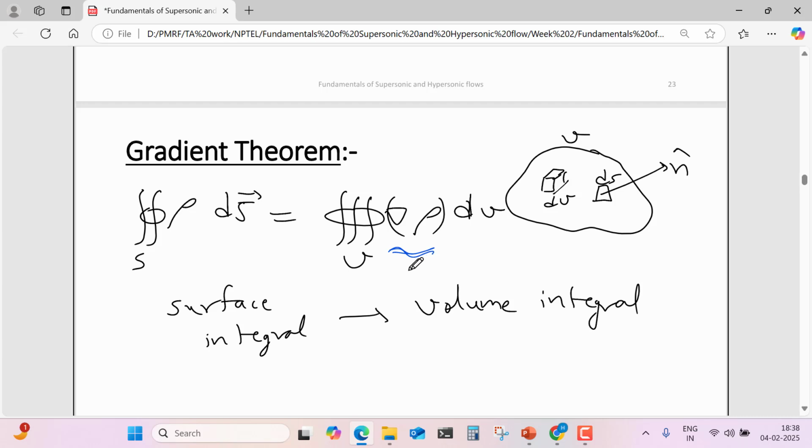This is the gradient of this quantity rho, and same, this would be the closed surface, and this volume should be made by this closed surface. Left hand side this quantity is vector, right hand side also this gradient is vector.